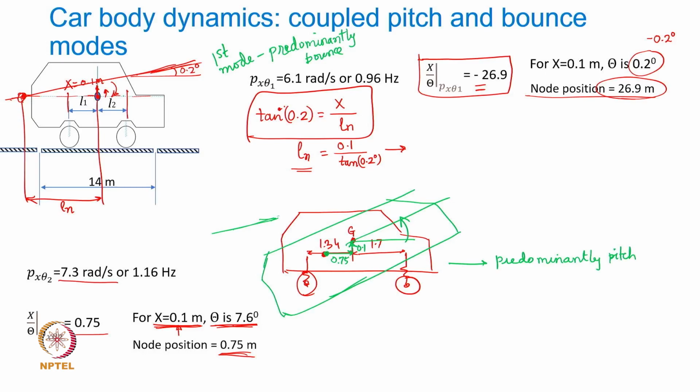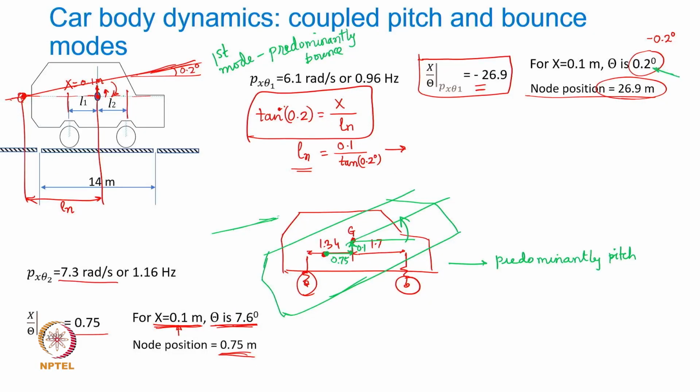But theoretically both of them are coupled. The pitch motion and bounce motion both are coupled. So even when it is vibrating in the first mode or in the second mode, both motions will simultaneously take place.